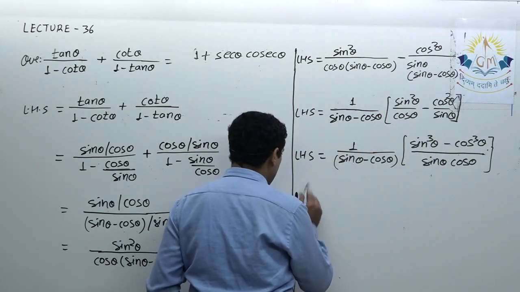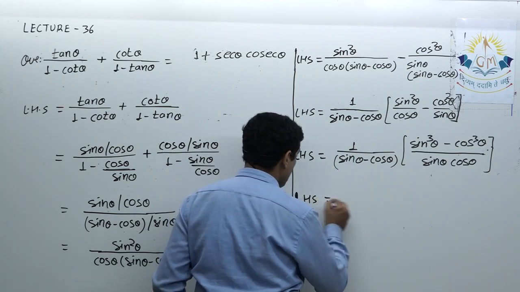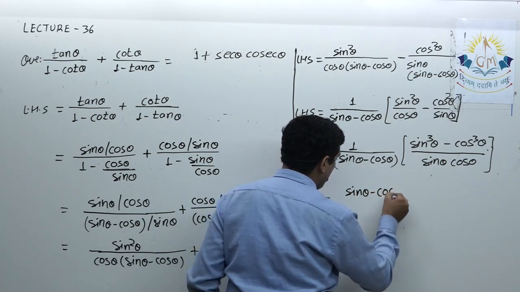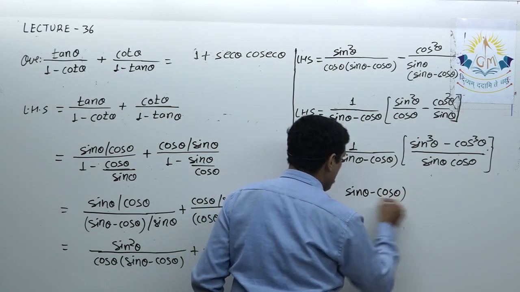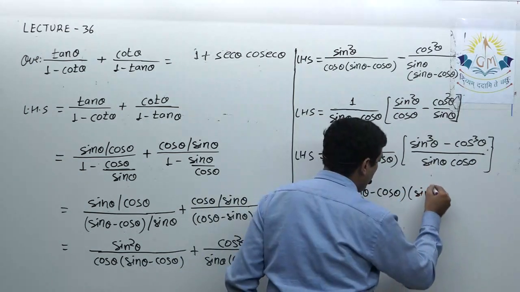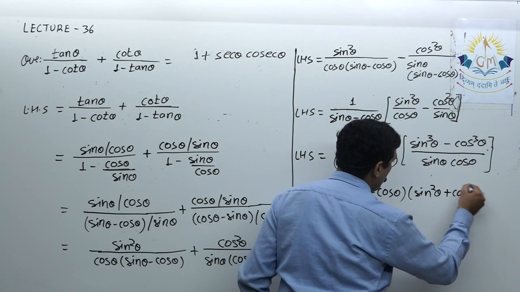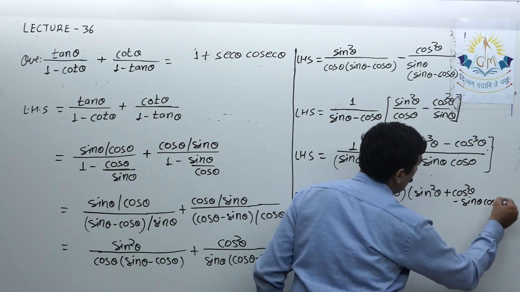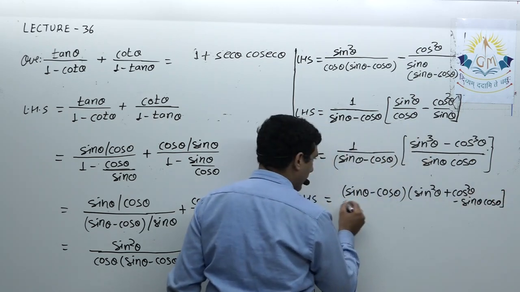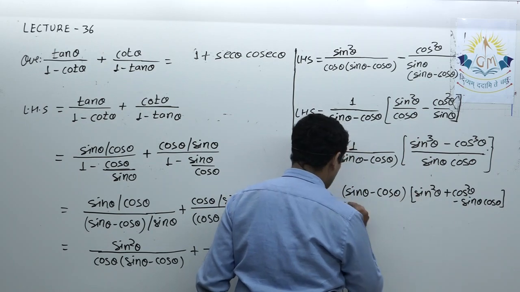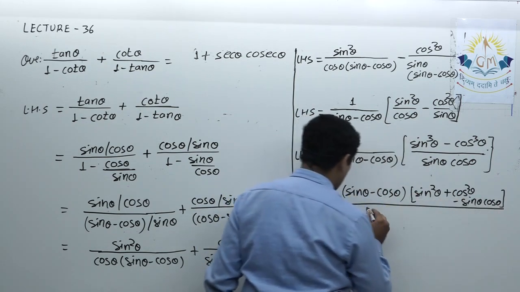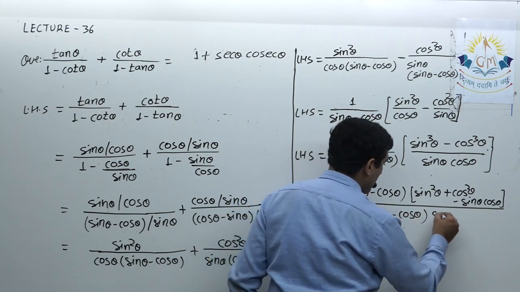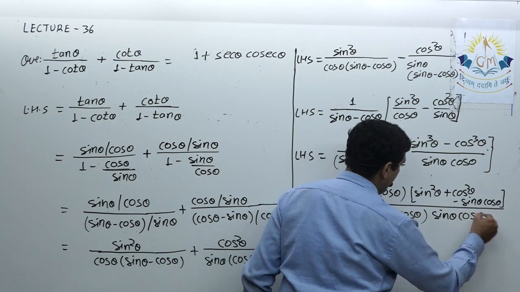So in the numerator I can write sin theta minus cos theta multiplied by sin square theta plus cos square theta minus sin theta cos theta, divided by sin theta minus cos theta into sin theta cos theta.